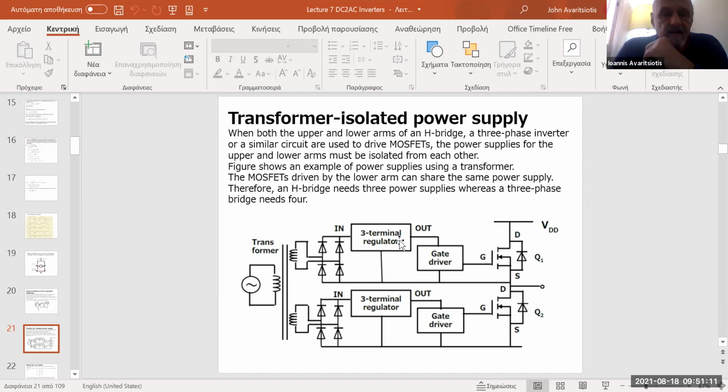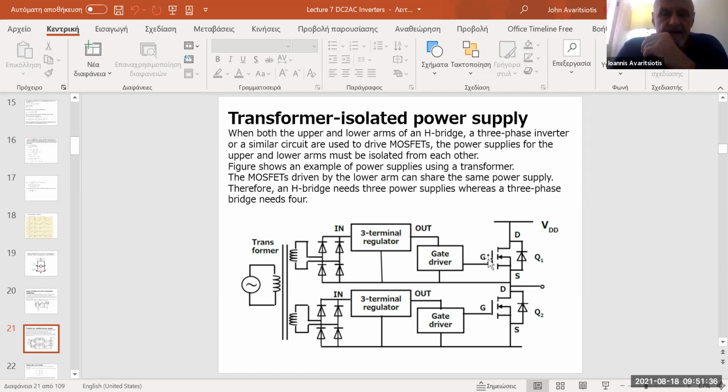We further use a voltage regulator, a three-terminal voltage regulator, in order to power the gate drive circuit of a MOSFET switch, as it is shown here.